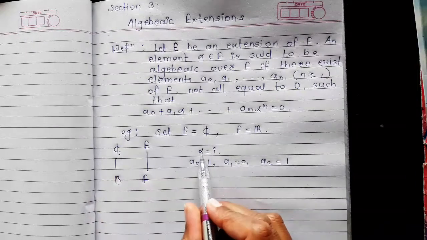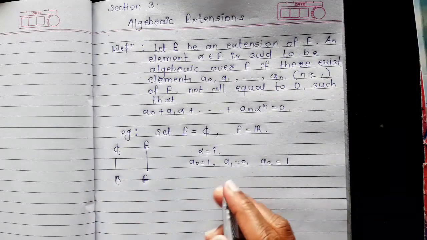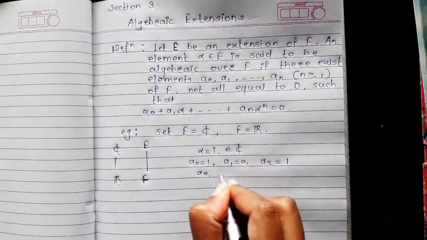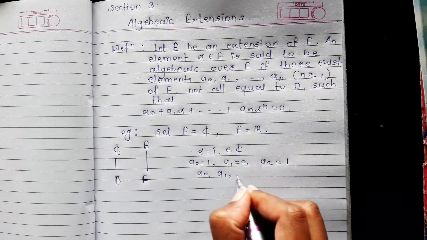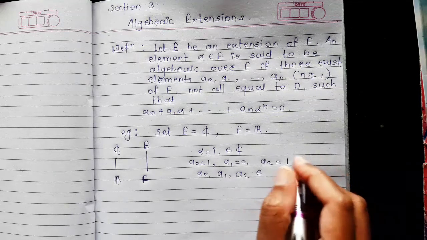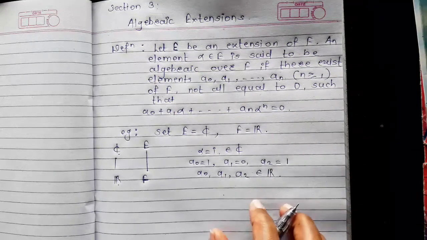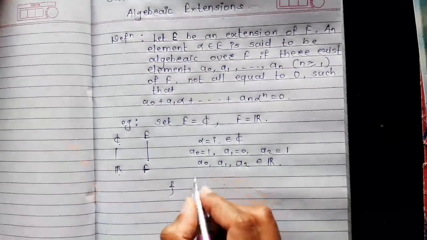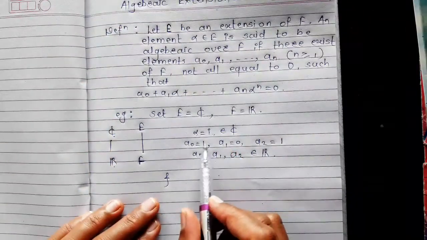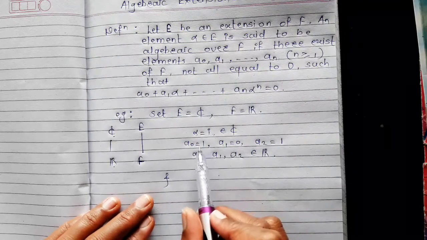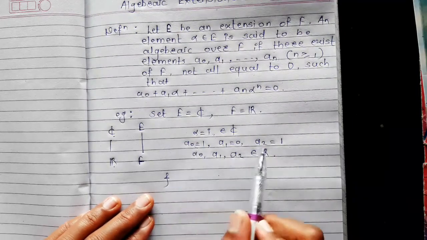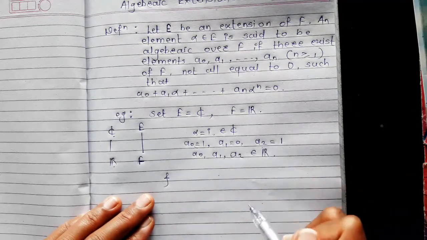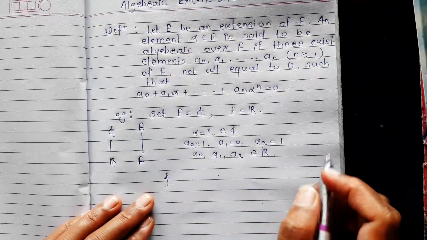Now note that this alpha equals i, which is an imaginary number. This alpha belongs to the set of complex numbers, and a0, a1 and a2 belong to the set of real numbers. And note that not all are equal to 0, because here a0 and a2 are non-zero elements. a0 equals 1 and a2 equals also 1, and 1 is not equal to 0.